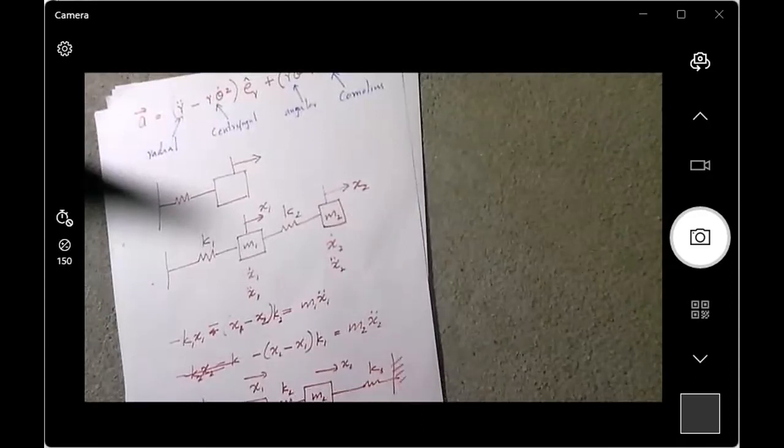Now try to write the equation for this one. Can you do this one?